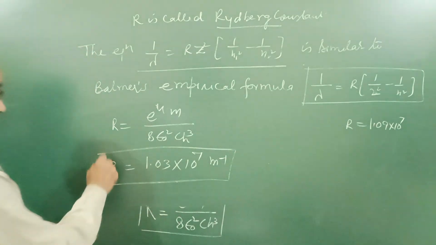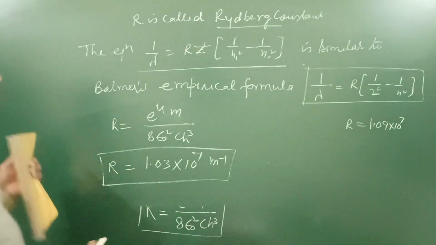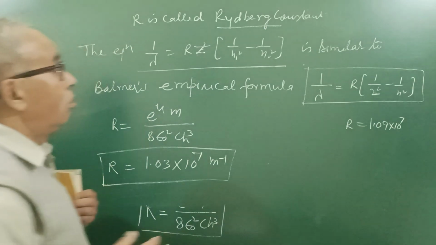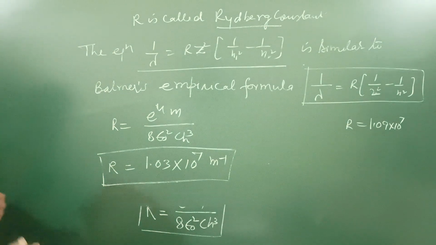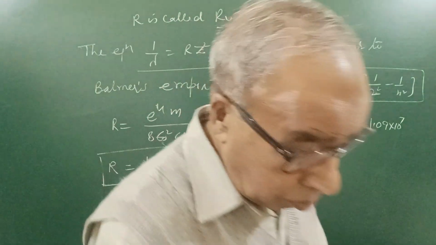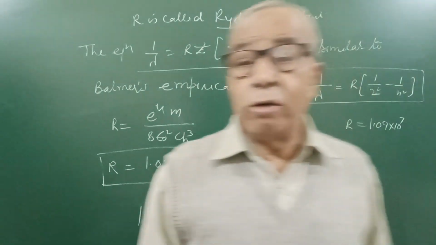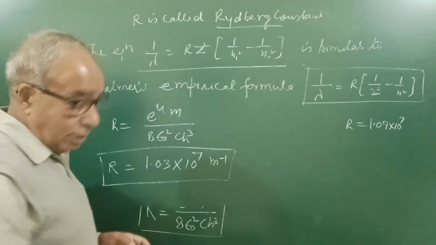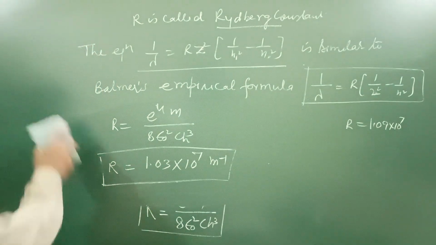So directly we can explain now how Bohr explained the wavelengths present in the hydrogen spectrum using this formula and putting all these values.